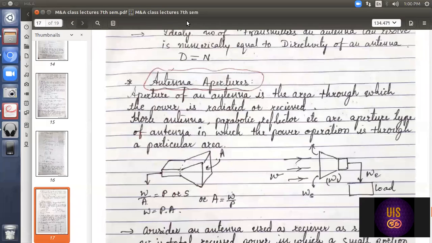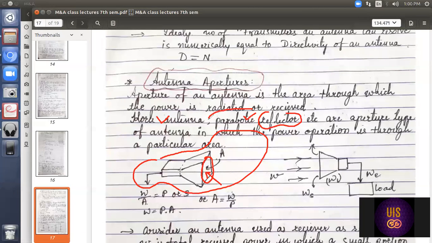If you can see, this is one example of an antenna. It is called a horn antenna. It looks like a horn, I guess. If you see, this is the wider mouth of the antenna. This is the aperture of the horn antenna. Here I have given the horn antenna and the parabolic reflector.